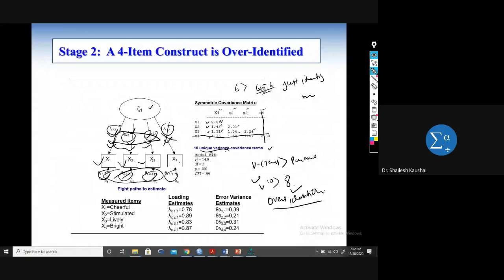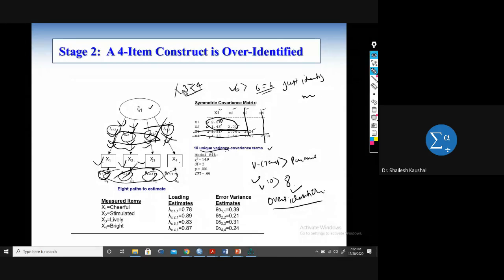And if the unique variance covariance terms are less than the number of parameters, like when I take only 2 variables, how many terms are here? 3. And the parameters are 1, 2, 3, 4. So it will be less.